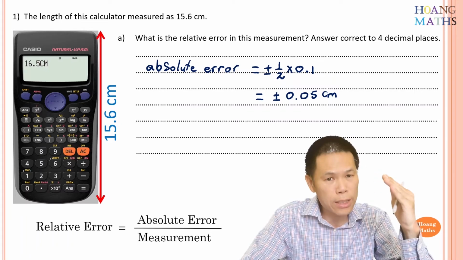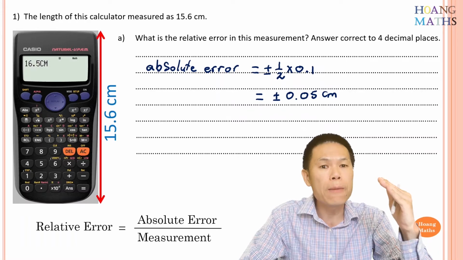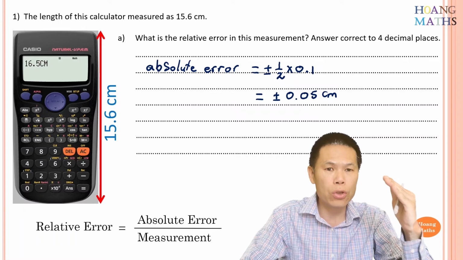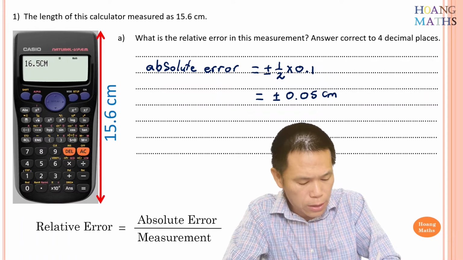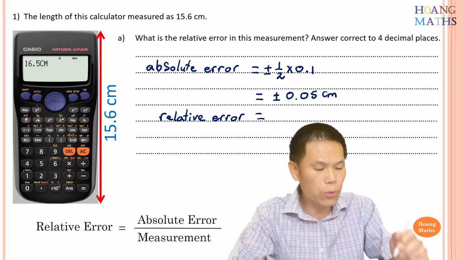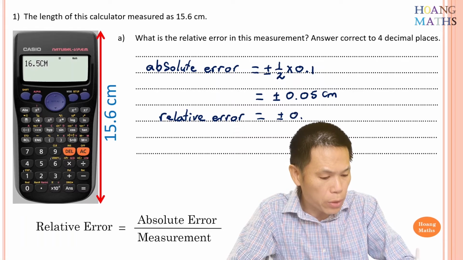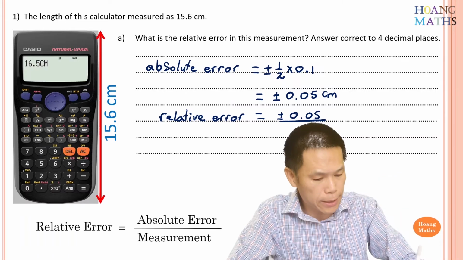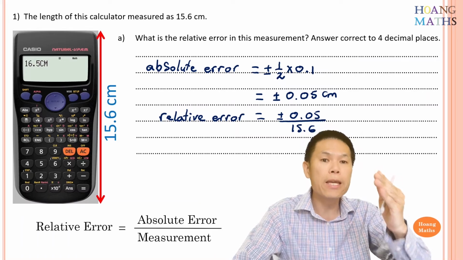Now the relative error is equal to the absolute error over the measurement. The measurement in this case is 15.6 centimeters. So the relative error, I just write this down, is equal to the absolute error, which is plus or minus 0.05, divided by 15.6 centimeters, because 15.6 is the measurement.